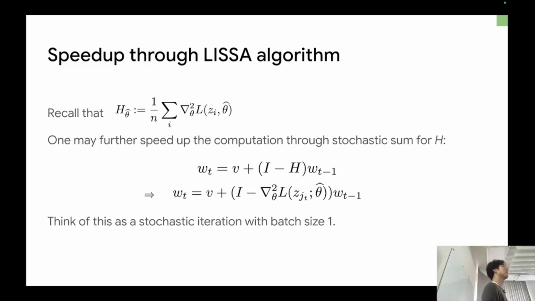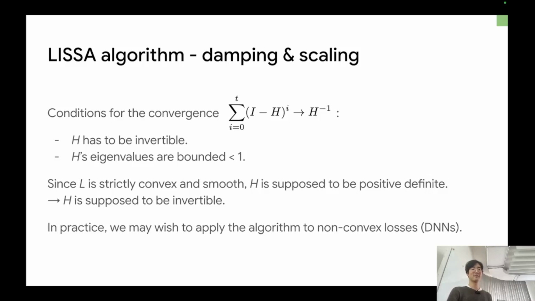I didn't really understand why the eigenvalues of H are always complicated. Yeah, so we are getting to that point actually. There are tricks to ensure this is happening, right? We can do some kind of dampening and scaling to make sure that this is the case. So again, the condition for convergence here is that H is invertible and its eigenvalues are bounded below 1.